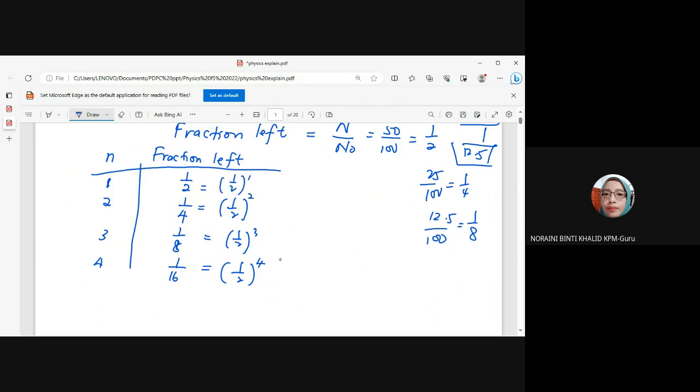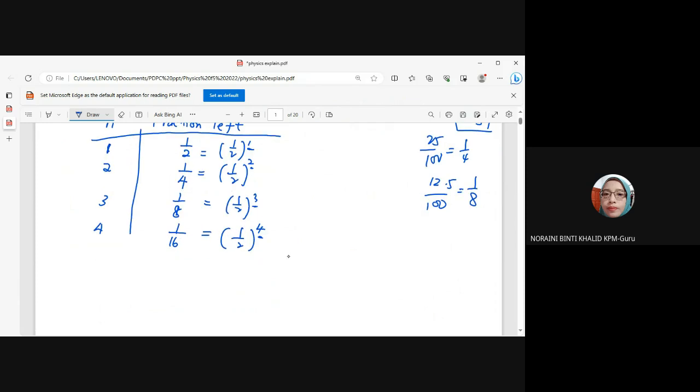Can you see the pattern or not? 1 half-life, the fraction left is half to the power 1. 2 half-lives, half to the power 2. 3 half-lives, half to the power 3. 4 half-lives, half to the power 4. So after n half-lives, what is the fraction left? Half to the power n.